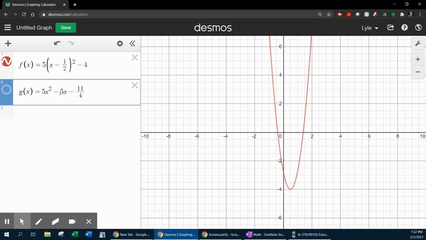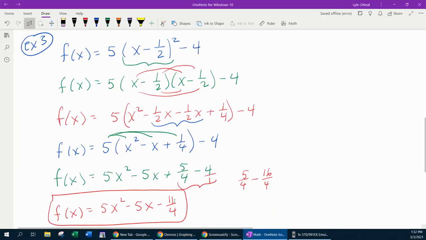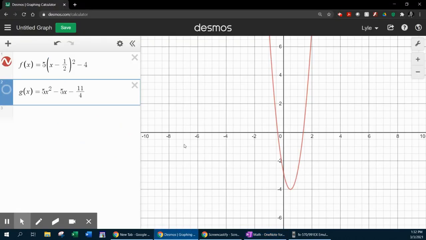And then the other function here is my standard form. This is the answer I came up with. And if my math is correct, if I graph both of these functions, they should produce the same graph. So when I turn this function on, if it's not overlapping, if it's not the same graph, then these are not the same function and I screwed something up.